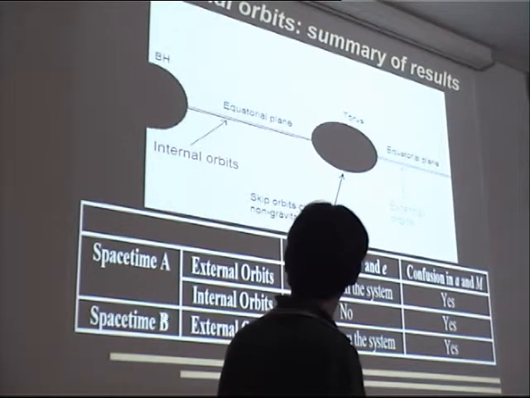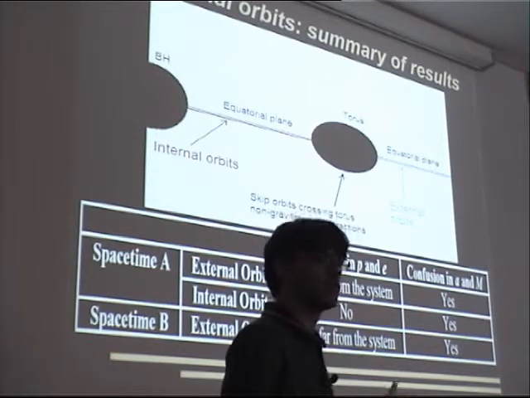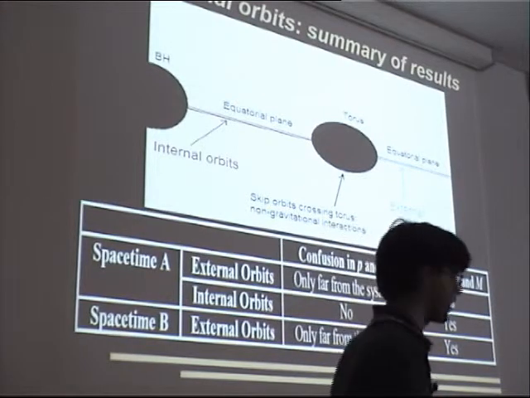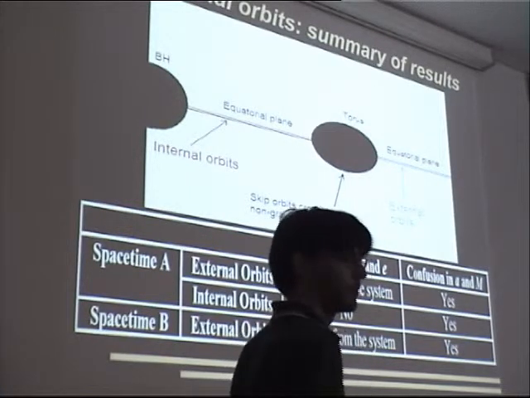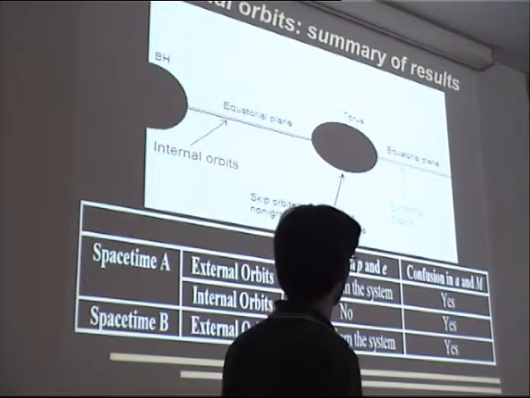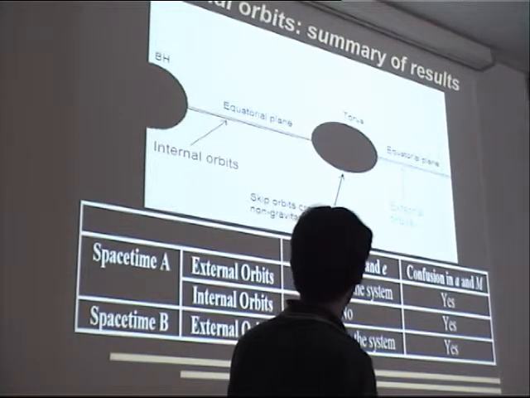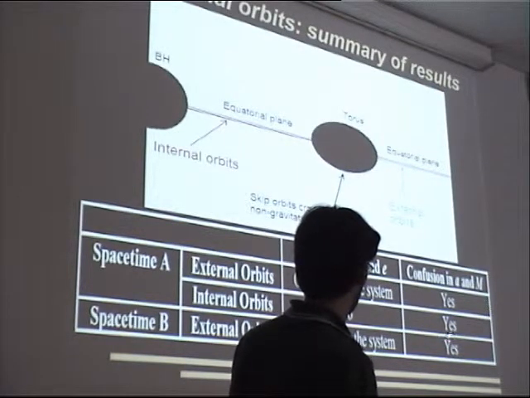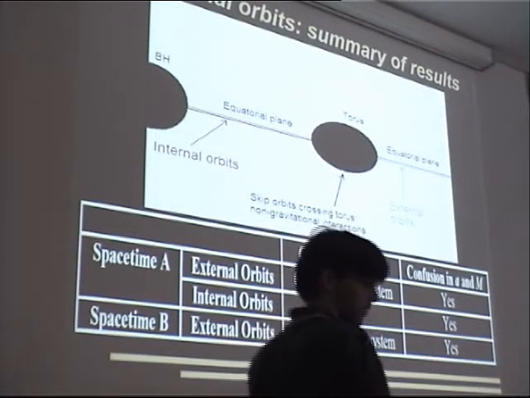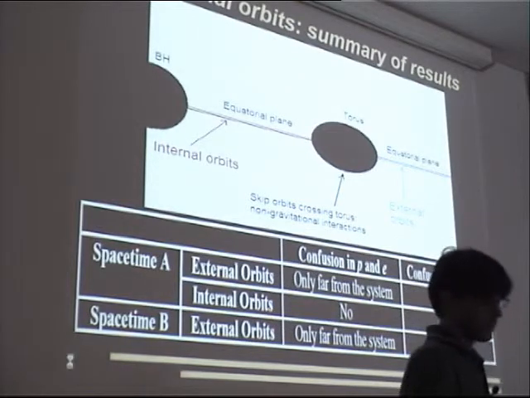On the other hand, for spacetime B, as I told you, the ring is very close to the horizon, so we don't have internal orbits because the ring is internal to the separatrix, internal to the innermost stable bound orbits. So we have just external orbits, and what we find is qualitatively the same as for spacetime A. That is, we always have a confusion in A and M, but a confusion in P and D only far from the system. I will enter the details now.